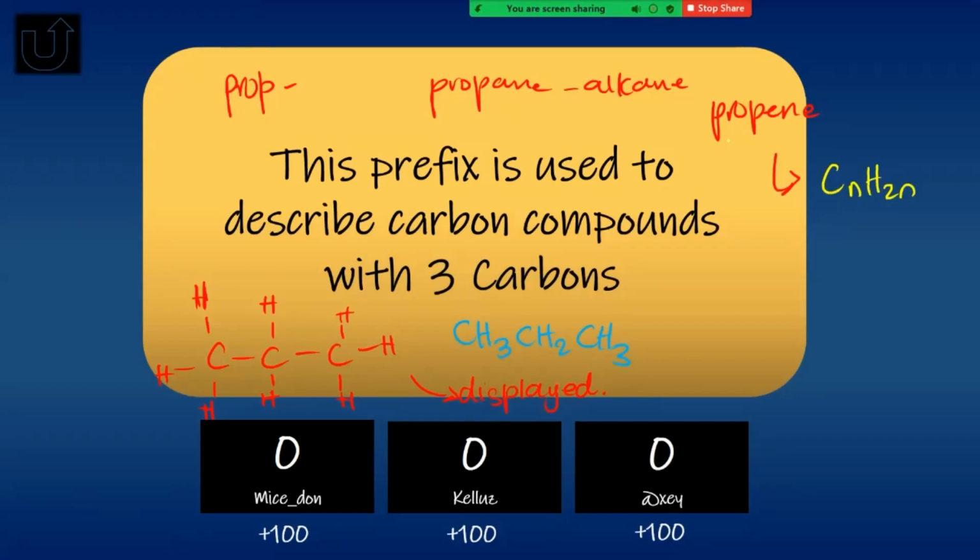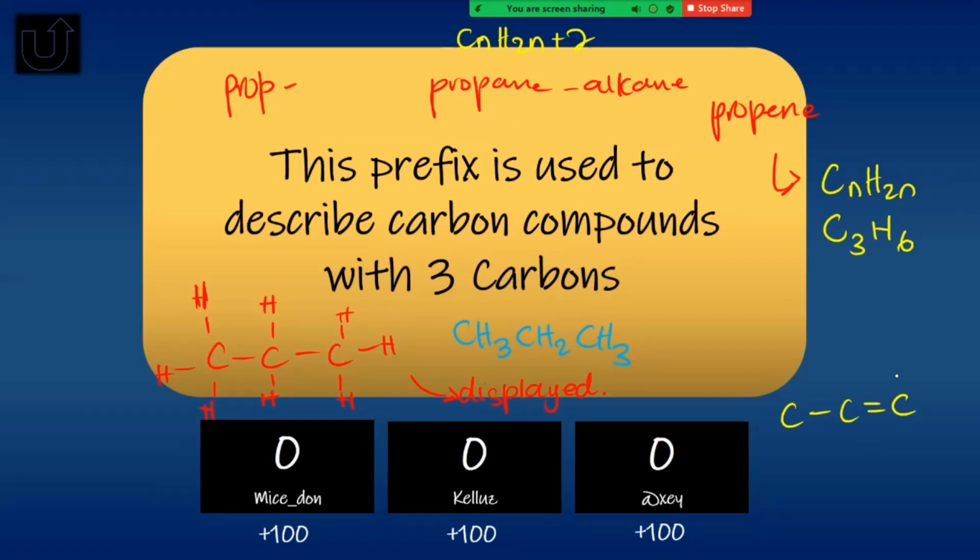So that means alkane is CnH2n plus 2, is that right? Yeah. So with that being, this would be C3, and then 2 times 3, 6, so the molecular formula would be C3H6. Very good. So if I drew the structure for propene like this, remember it needs a double bond, right?